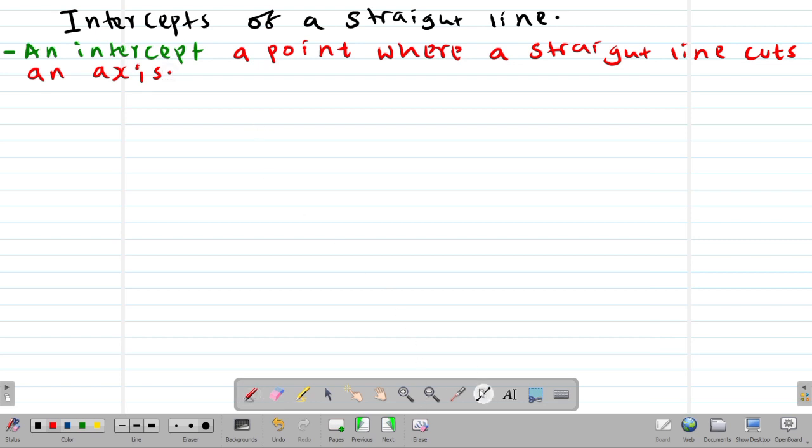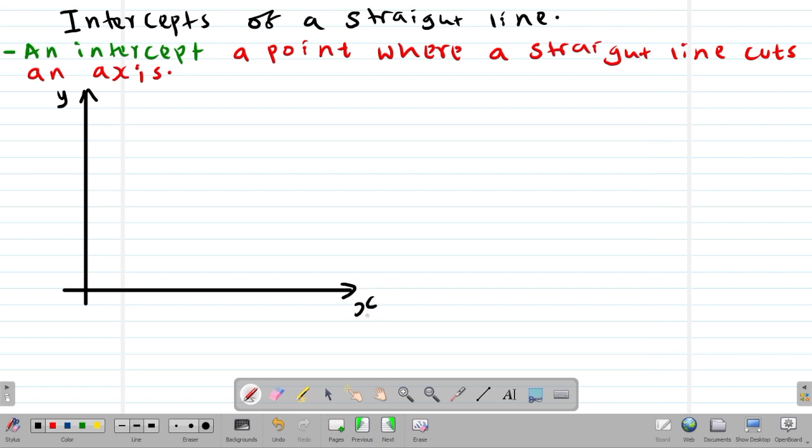To understand that, let's consider this particular line here. Suppose this is our vertical axis, the y-axis, and then we have the horizontal axis, the x-axis. We are going to consider these two.